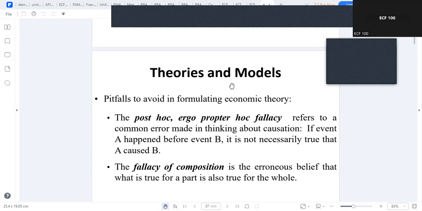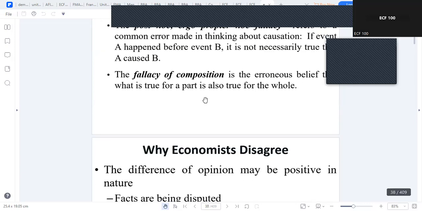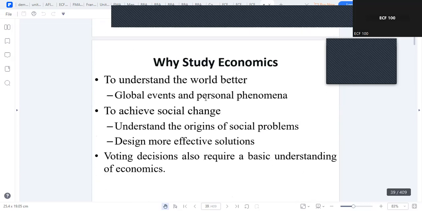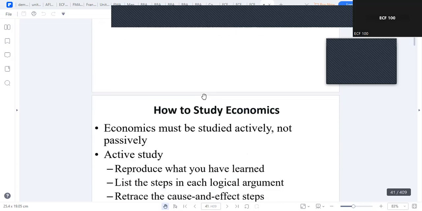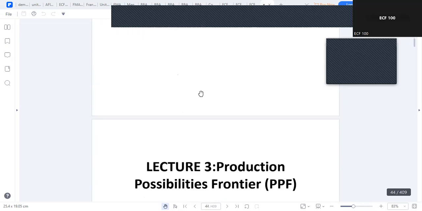If event A happened before event B, it's not necessarily true that A caused B. Just because one event happened before the other doesn't mean that it caused the other. So basically, this is the first part of economics on the decisions that are made.